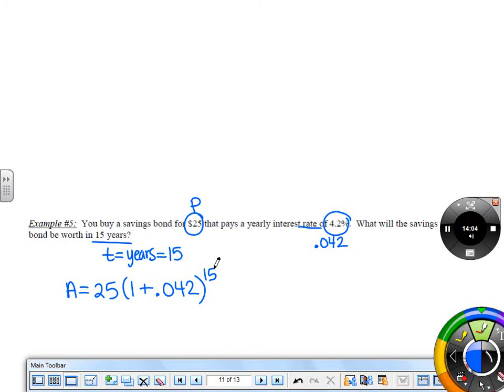So what we're going to do is put that into the calculator. You're welcome to add what's in the parentheses first, but just make sure that you get this entire value in the parentheses. So if you do this correctly, 25 times 1.042 to the power of 15, you should get that the new amount would be $46.34.